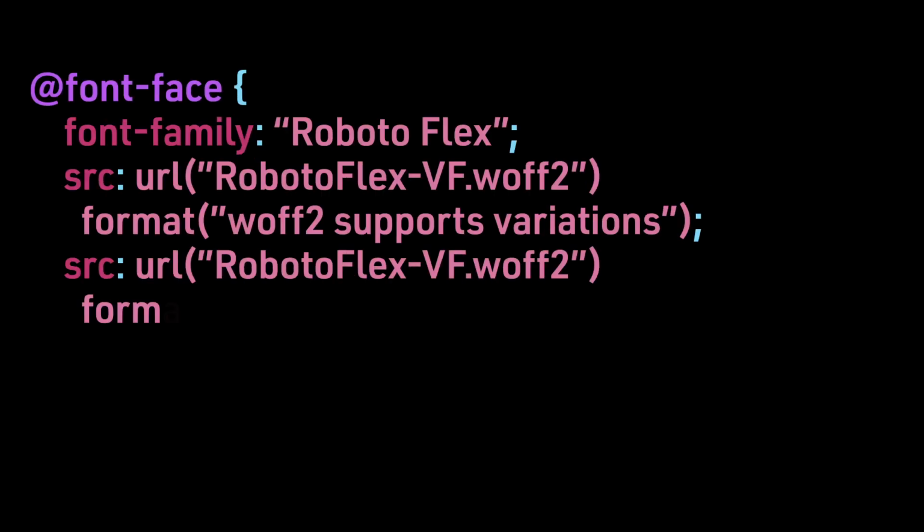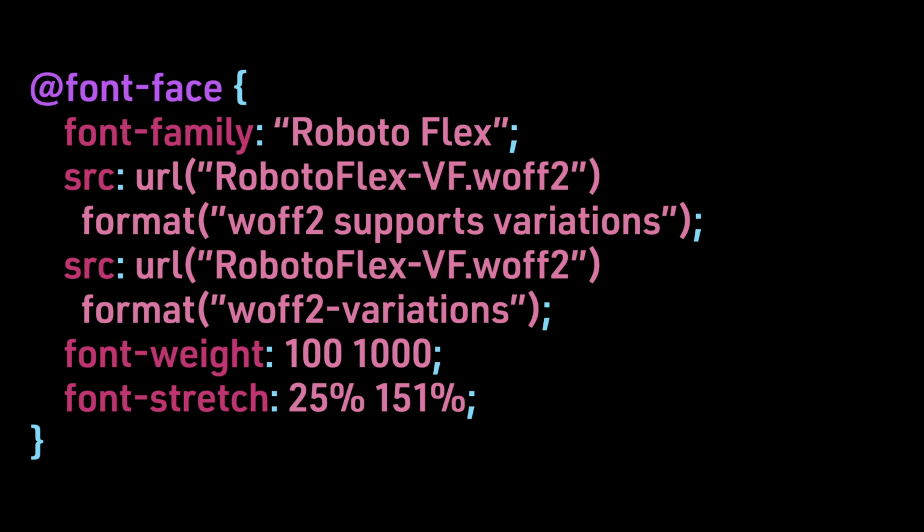If we were to use Roboto Flex, we might write out a statement like this. @font-face, font-family: Roboto Flex, src: url(RobotoFlex-VF.woff2) format("woff2 supports variations"), url(RobotoFlex-VF.woff2) format("woff2-variations"), font-weight: 100 1000, font-stretch: 25% 151%.